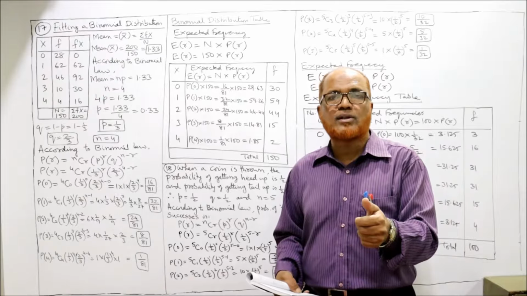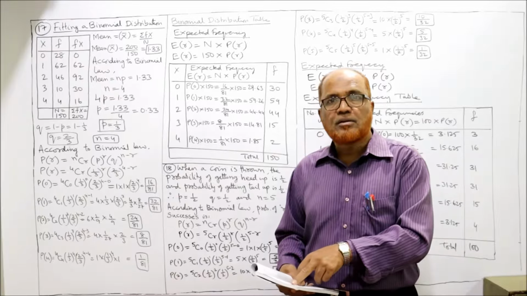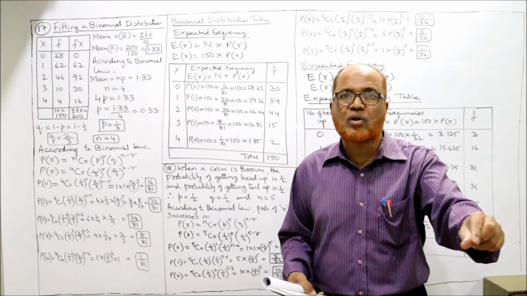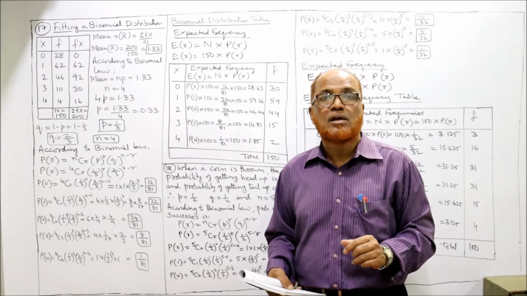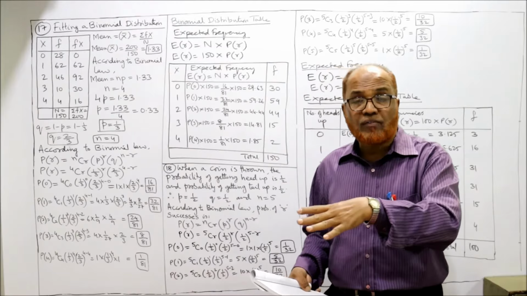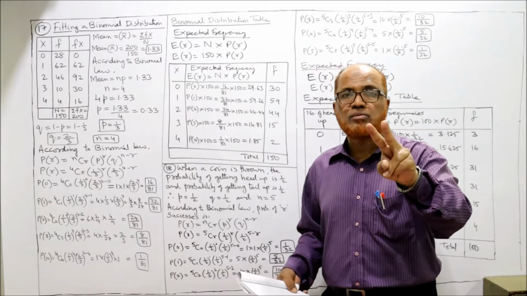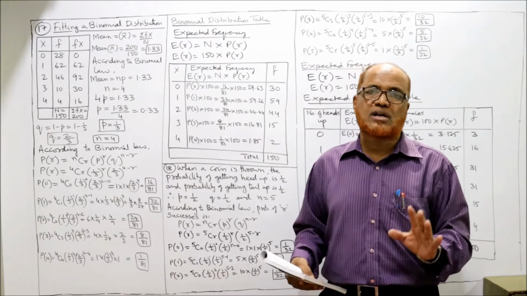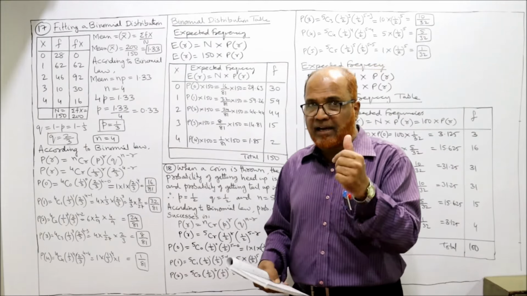First time we throw 5 coins, 0 heads. 0 heads means no coin is showing head. All the 5 coins are showing tails. How many times did this happen? 2 times. So out of 100 times, 2 times we got 0 heads, no head at all. All the 5 coins are showing tails. Then 1 head.